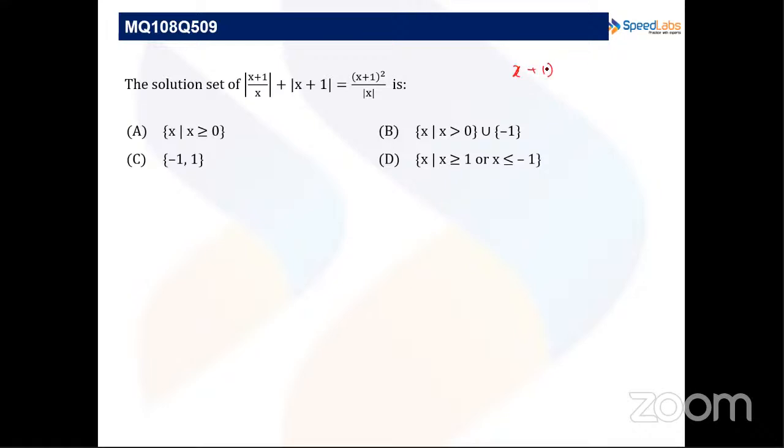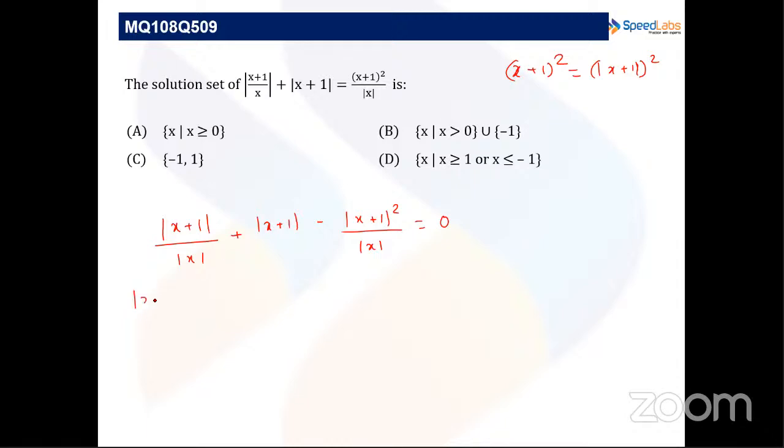So x plus 1 whole square is same as mod of x plus 1 whole square. So we can rewrite it as mod x plus 1 upon mod x plus mod of x plus 1 minus mod of x plus 1 whole square upon mod x equals to 0.